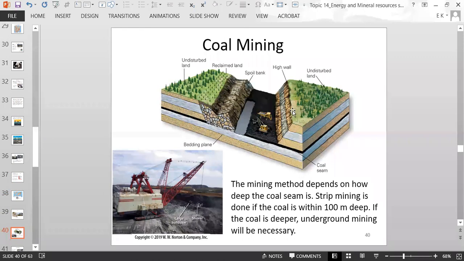You just need to remove these top layers of rock. So this is called strip mining. Strip mining is done if the coal is less than 100 meters deep. Then it's economically feasible to just do strip mining. If the coal is deeper, then you're going to need to do underground mining.